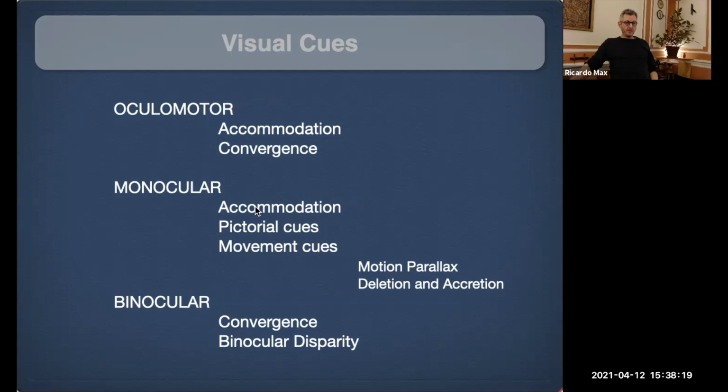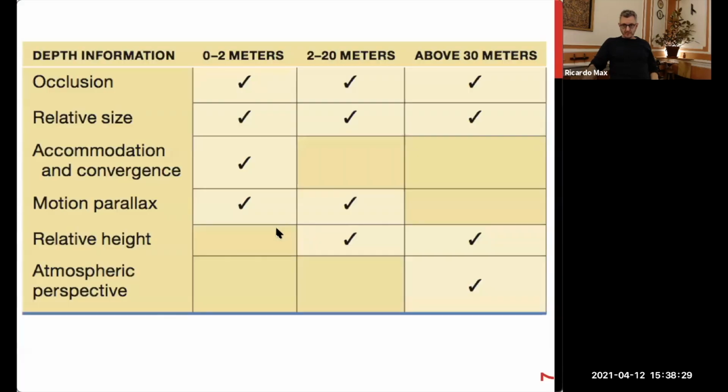So oculomotor cues are internal, pictorial cues are from the stimuli, and movement cues also. The different cues, these different processes, are more or less efficient depending on the distance for appraising different distances. We'll come back to this later.